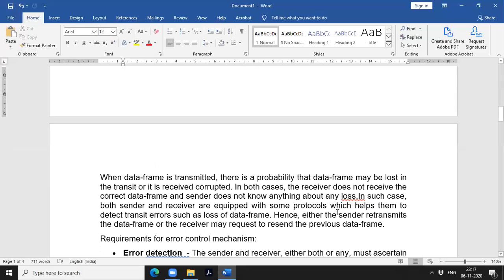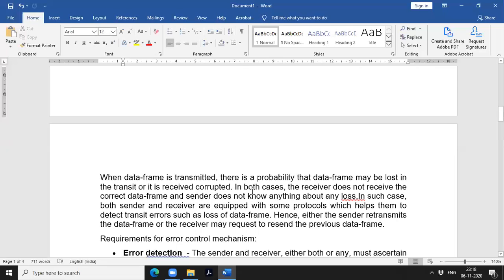Okay, in both cases the receiver does not receive the correct data frame, and the sender does not know anything about any loss. In such cases both sender and receiver are equipped with some protocols which help them to detect the transmit errors. Such loss of data frame we are seeing as error control.